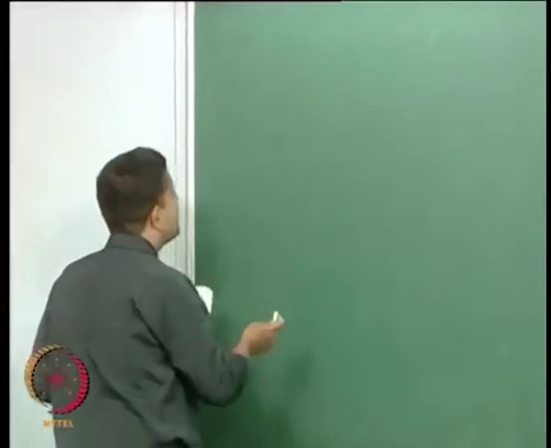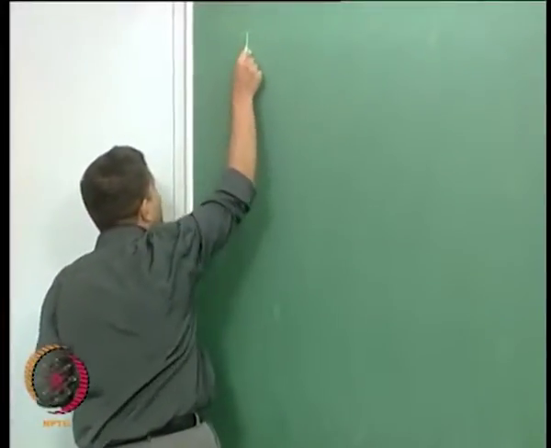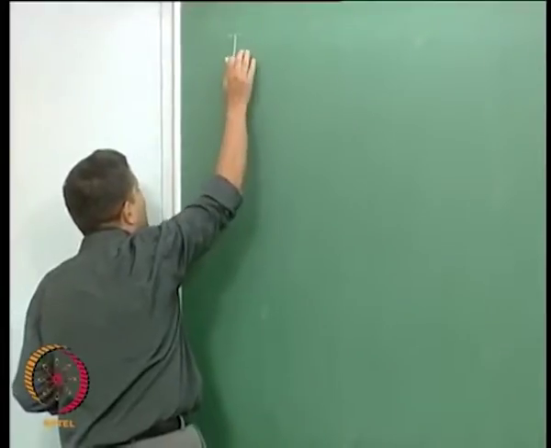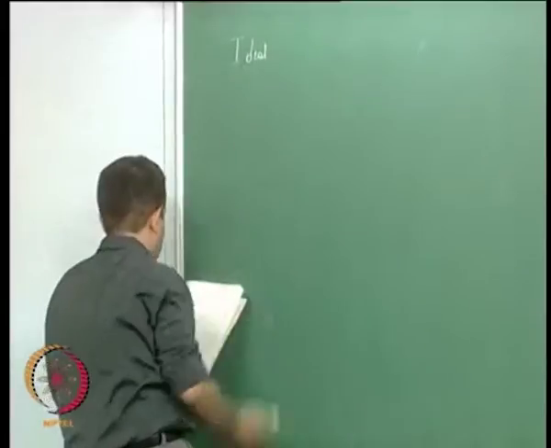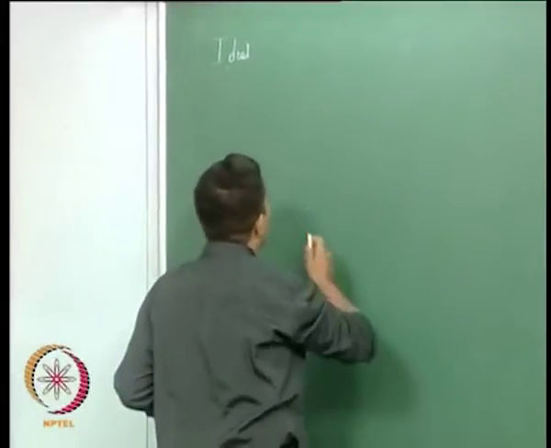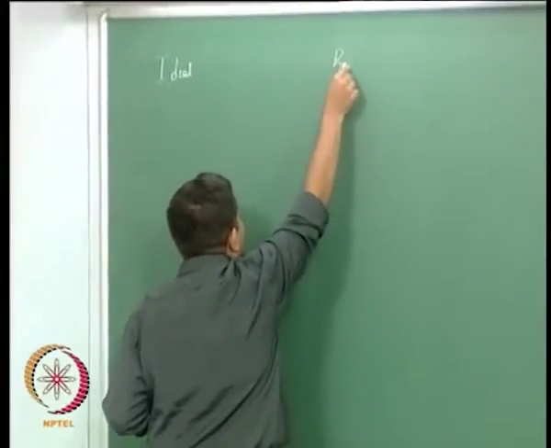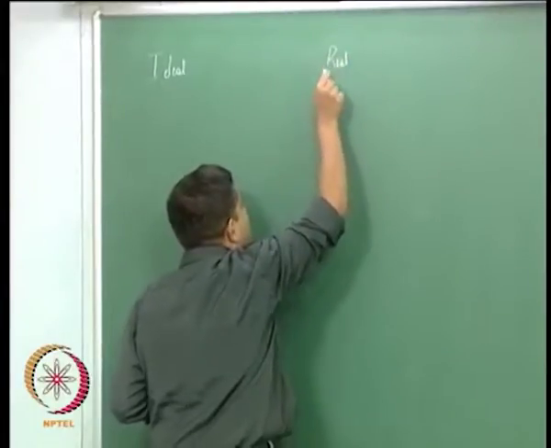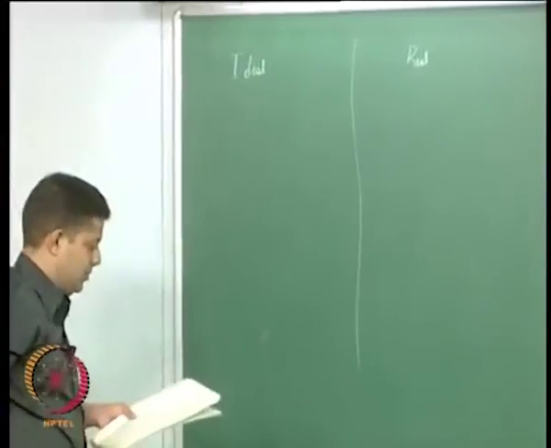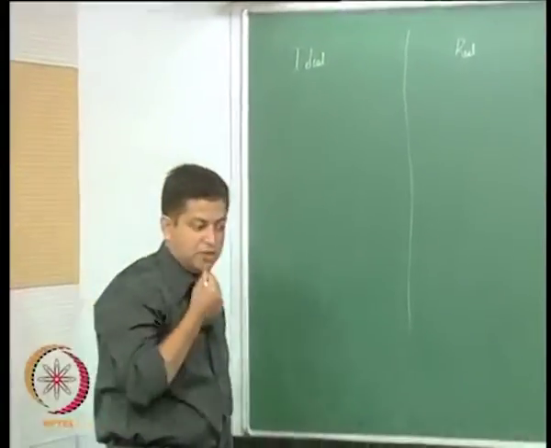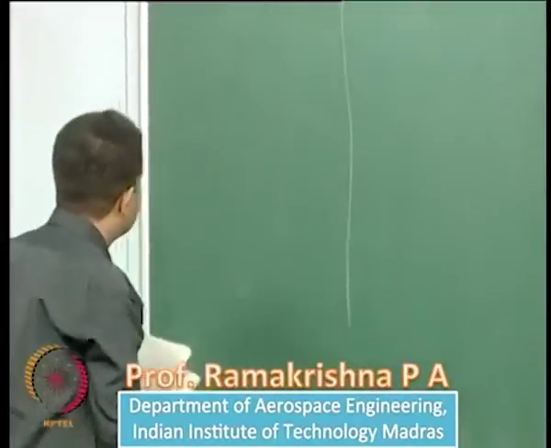Now, if you look at what we had assumed, we will see what is happening in the real case. Firstly, we had assumed that the flow was one-dimensional flow, right.